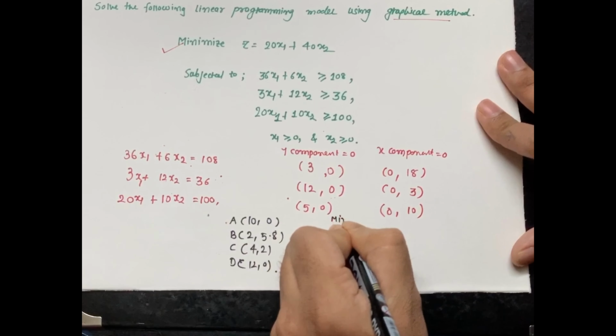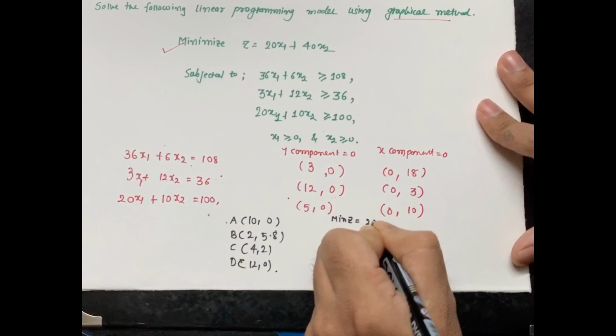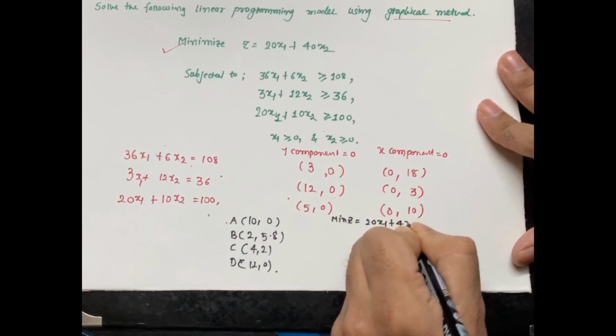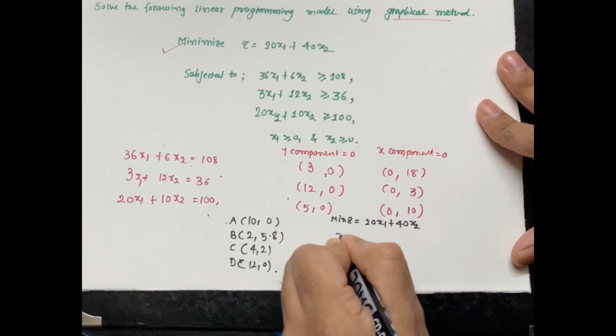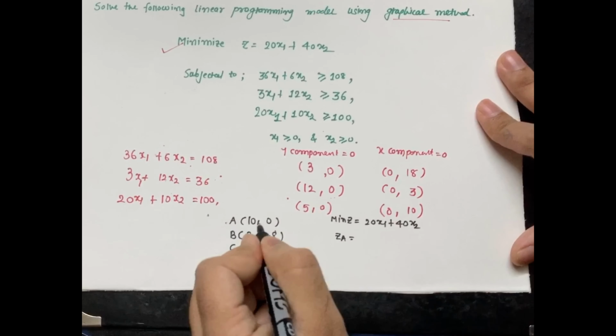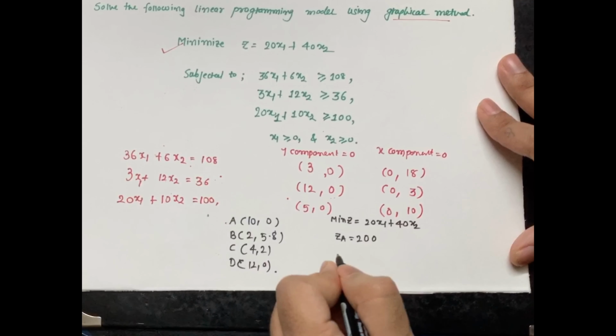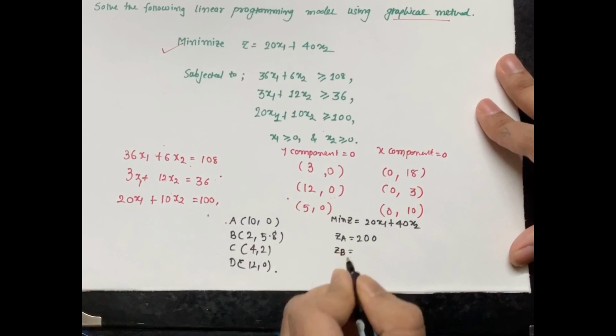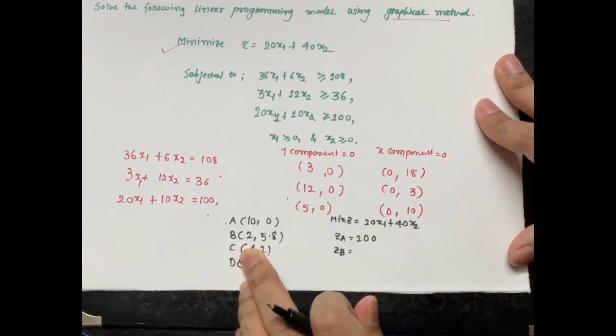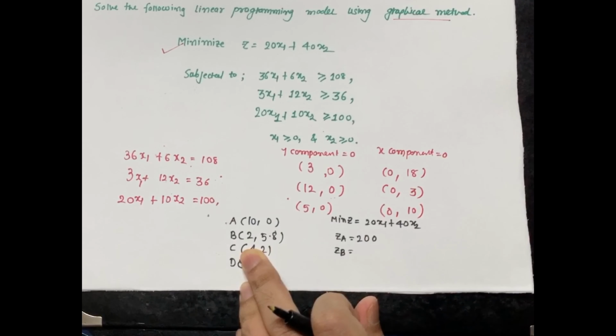What is my objective function? It is min z equals 20x1 plus 40x2. So what is the value of ZA? It gives me 200. ZB: 20 into 2, that is 40, plus 5.8 into 40.